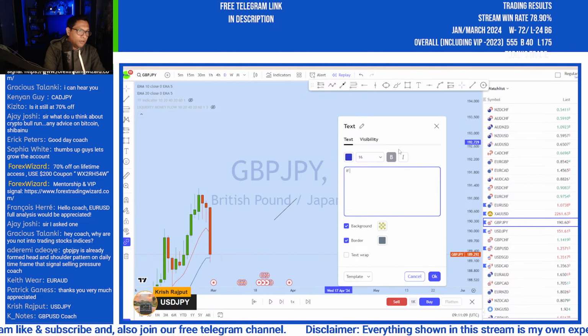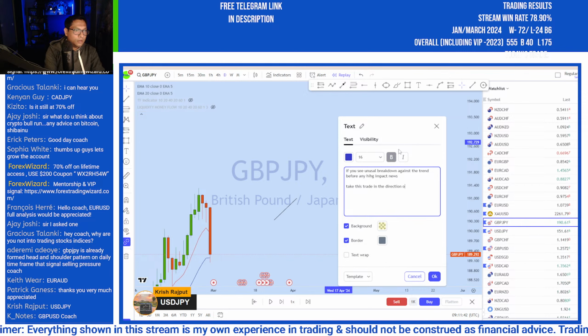If you see an unusual breakdown against the trend before any high impact news, take this trade in the direction of the trend. That's it. That's what you need to know.